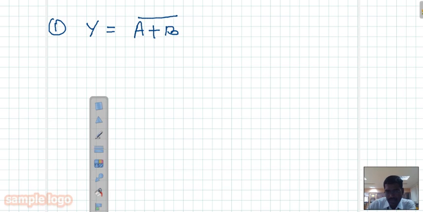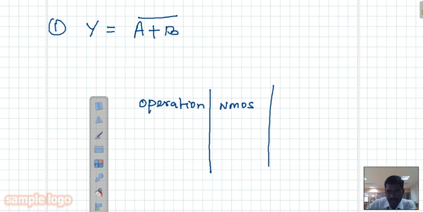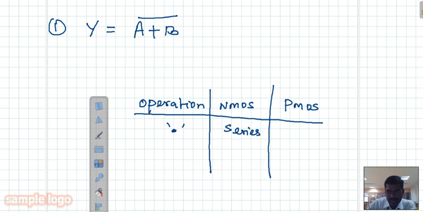If it is a dot operation, then your NMOS should be in series connection and your PMOS should be in parallel connection.